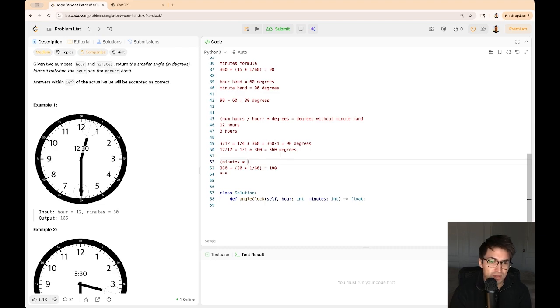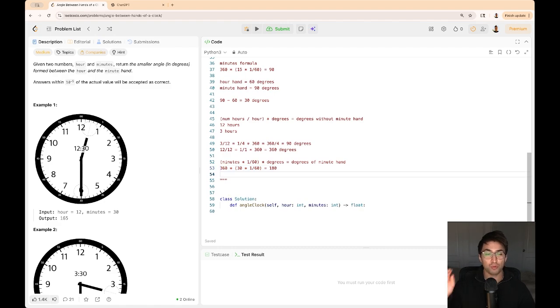Minutes times the conversion of a minute to an hour, which is 1 divided by 60, and then times total degrees equals the degrees of the minute hand. And we get that here. And then finally we need to modify the degree of the shorthand based off of the minute hand.